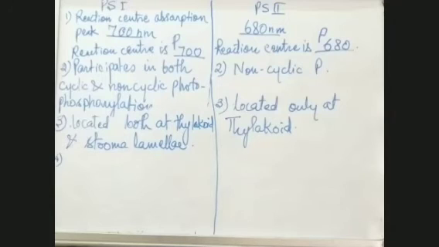When it participates in non-cyclic, there it doesn't participate in the photolysis. Photolysis of water takes place in PS2 system, which I told you very clearly. Photolysis of water takes place in PS2 system, not in PS1 system. So you can write down the next: complex for photolysis absent.